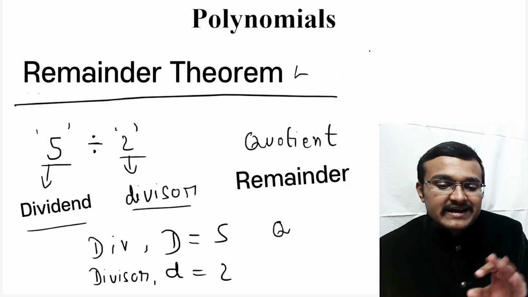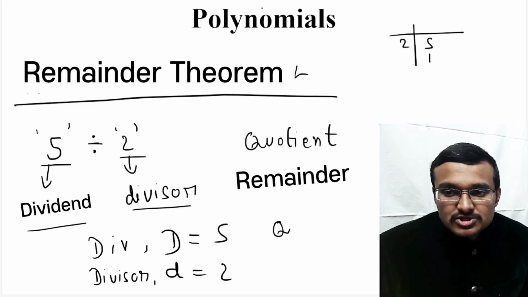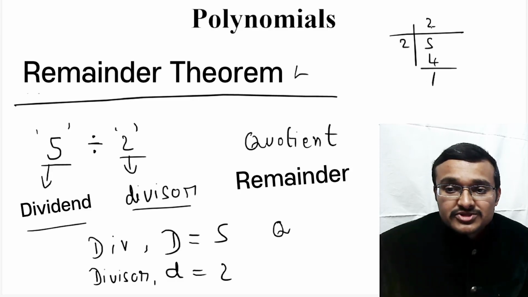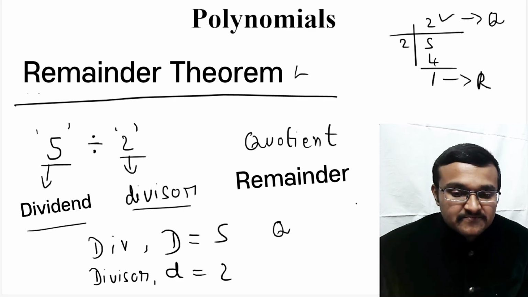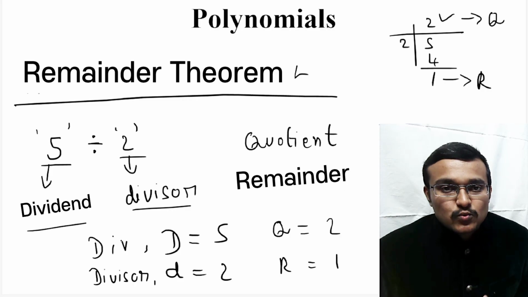Whenever you do 5 divided by 2, you can do the traditional division method. So here 2 into 2 is equal to 4. So 5 minus 4 is equal to 1. So that means here 2 will act as the quotient Q and this 1 is the remainder R. So quotient Q is 2 and remainder R is equal to 1.